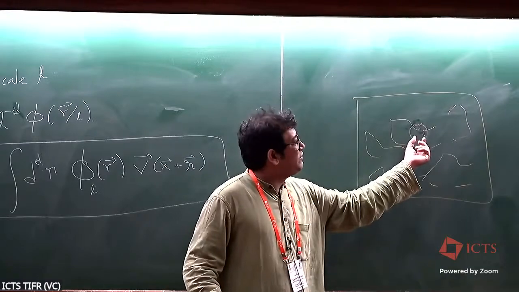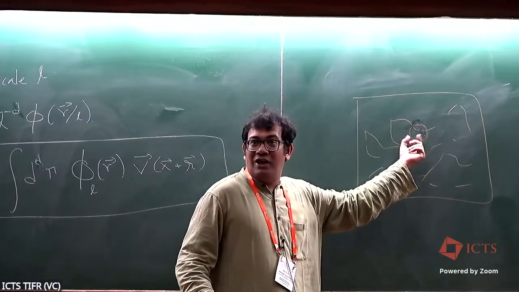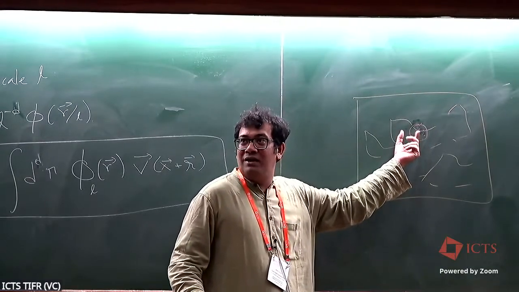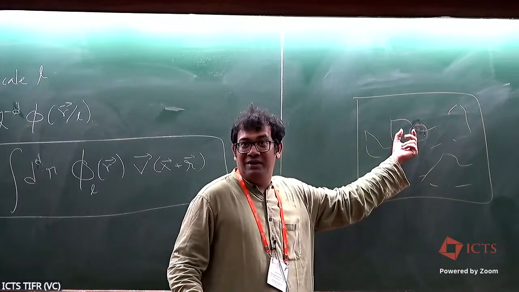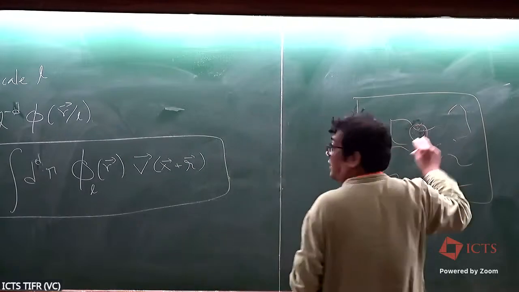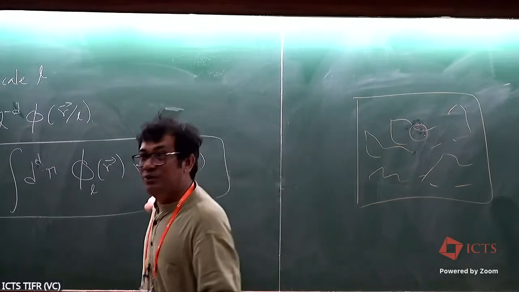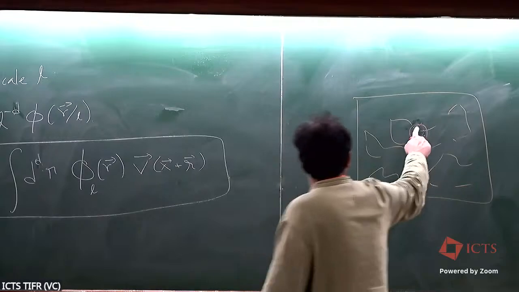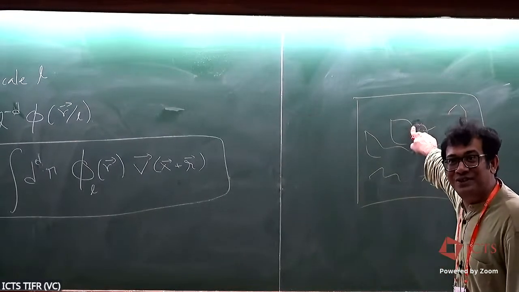The largeness of this pink circle is set by L. So that's the coarse graining length scale. I'm going to move this around and integrate it with the velocity at every point which lies in it.